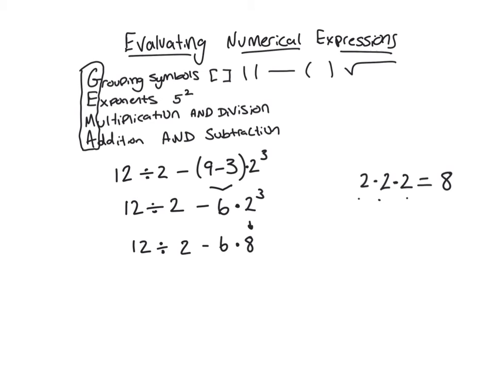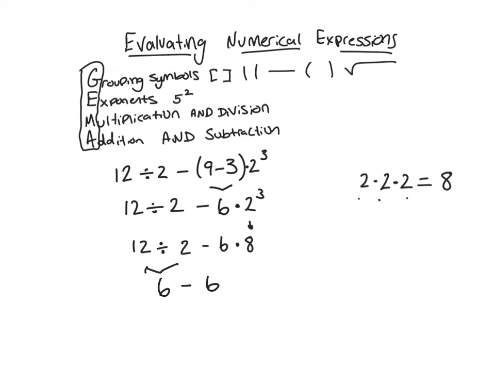Okay, so now I don't have any more exponents, and so I'm going to move on to multiplication and division. And I'm going to start from left to right, and I'm going to work my way finding any division or multiplication. So if I work my way from left to right, I start at 12, and I see 12 divided by 2. Okay, well, that's a division. So I'm going to do 12 divided by 2, which is 6.